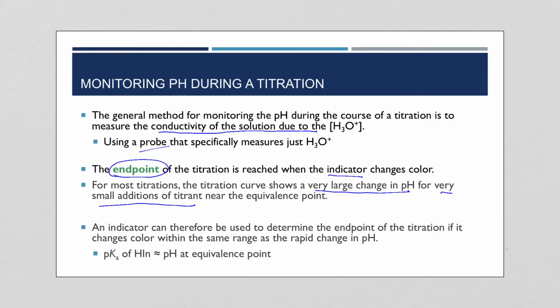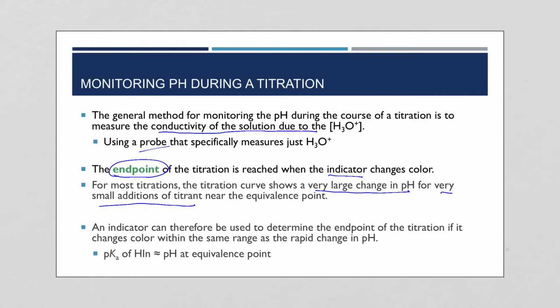The end point is specifically talking about the indicator and its color change. The equivalence point is when the neutralization is complete, when the moles of acid equal the moles of base. And the idea is we can get those two things to overlap. Then the end point of the indicator can tell us the equivalence point of the titration or the reaction.